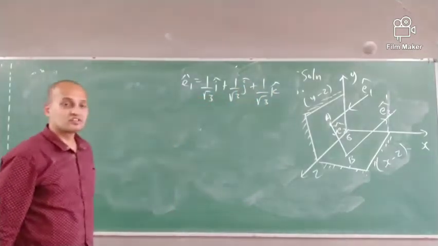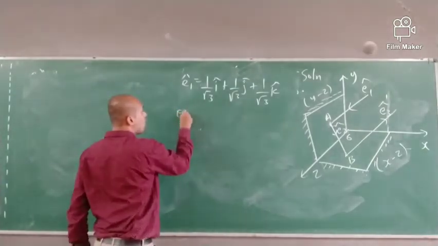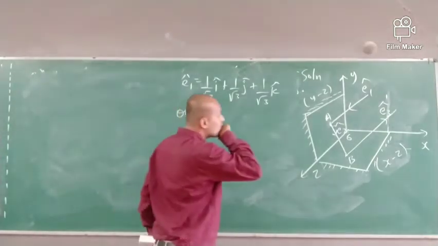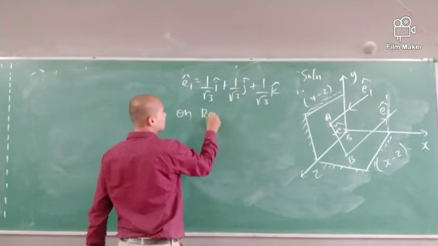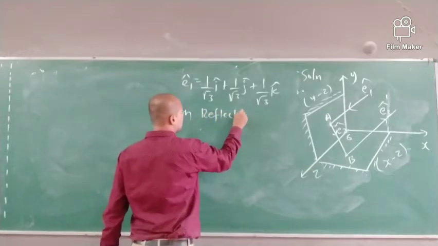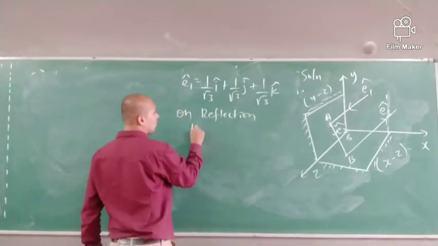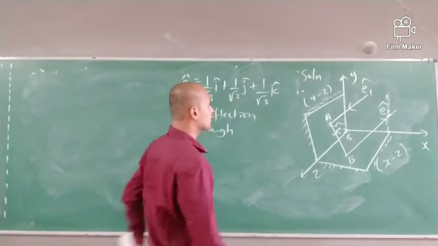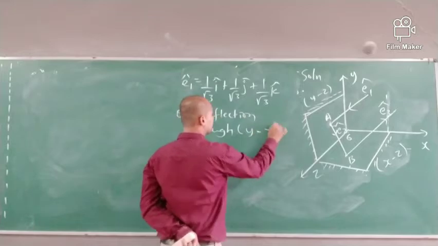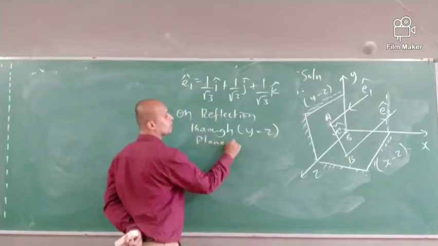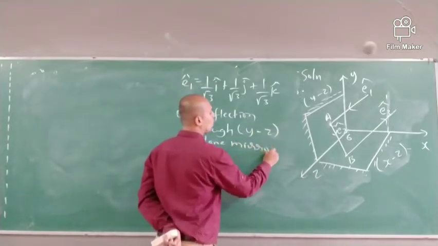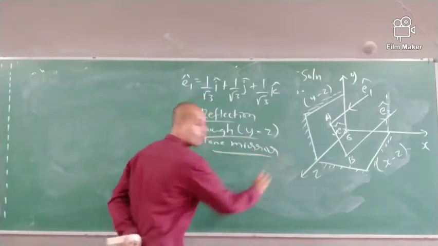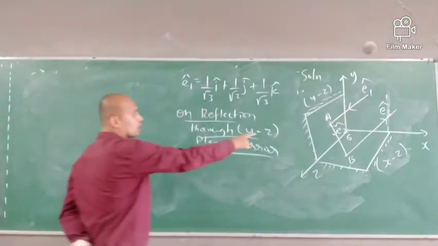This is E1. On reflection through the YZ plane mirror, what is going to happen?